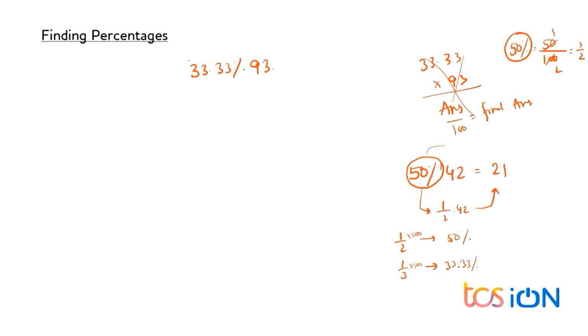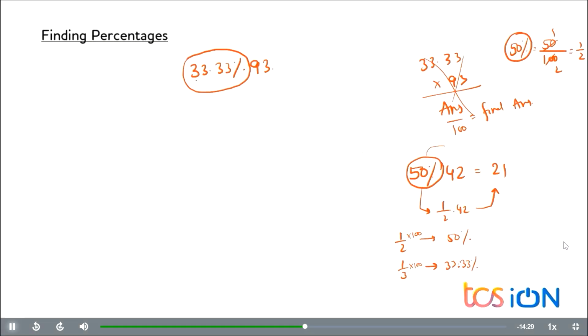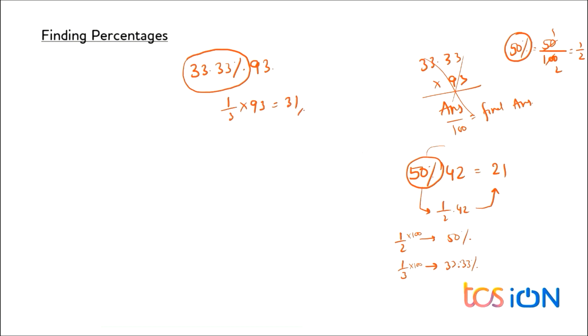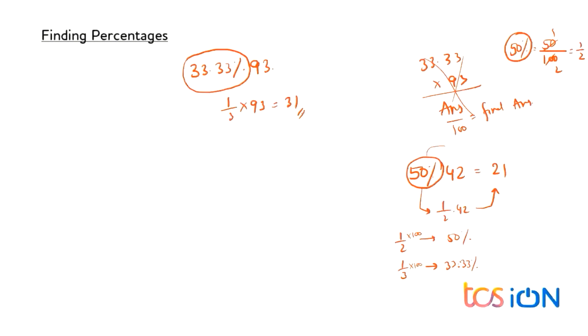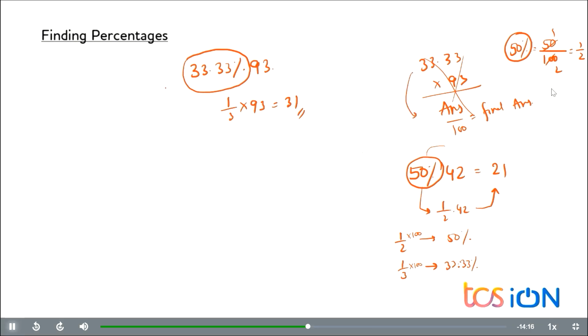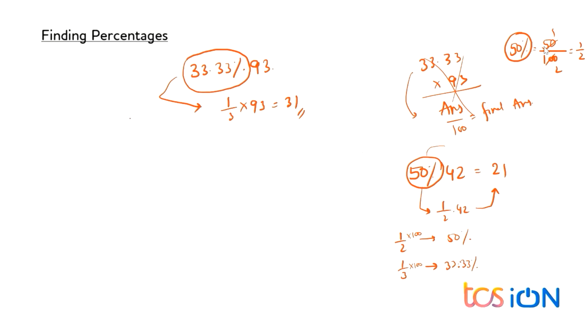So can I replace this entire number 33.33 percentage with simply 1 by 3 into 93, and that says 31 is my super simple and fastest answer. No need to multiply all these values and get an answer and then divide by 100, right? So this is one more simple trick for finding percentages. What is that? Fraction to percentage and percentage to fraction.